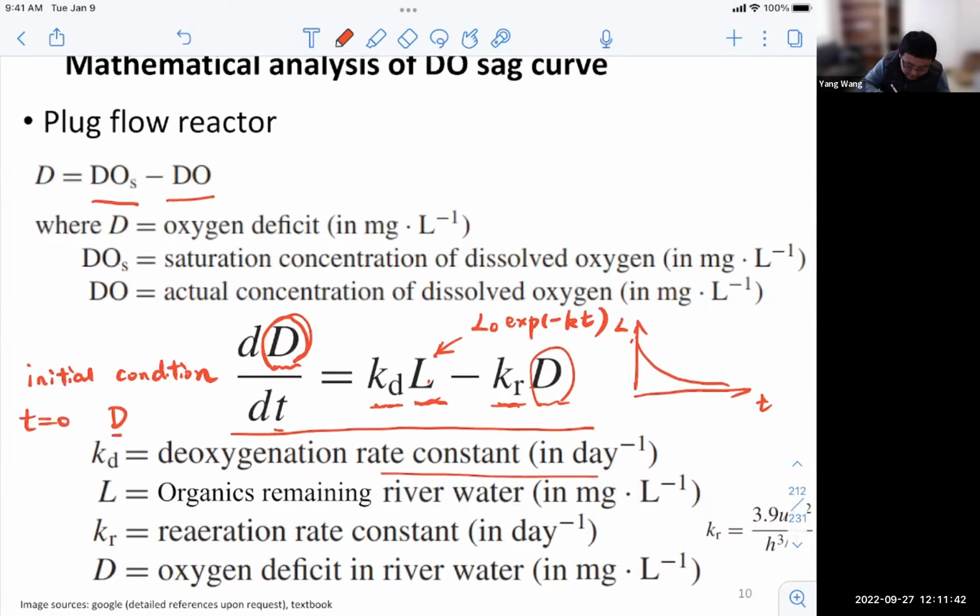Going back to the definition of the oxygen deficit, this is DOS minus DO. More specifically, let's name this time equals 0 term: time equals 0 is the mixing point.